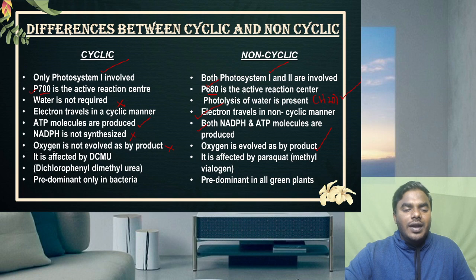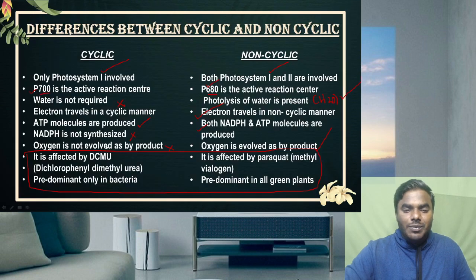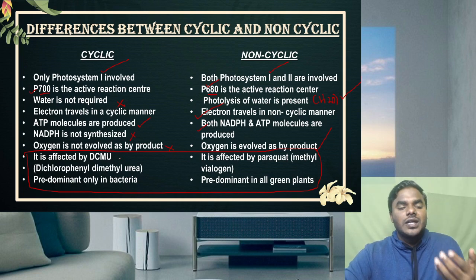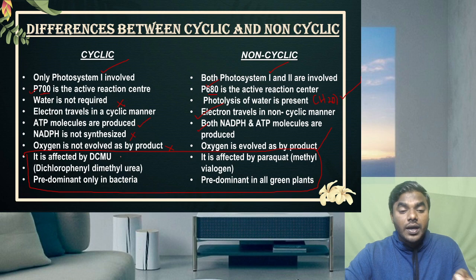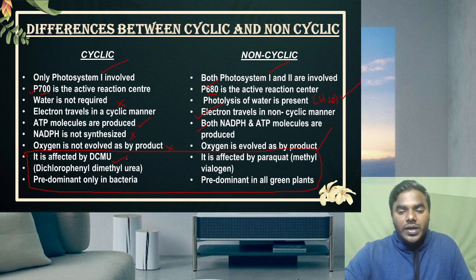Friends, I want every one of you without fail to please remember these inhibitors. In the upcoming slides, I'm going to explain that. Because in the exam most commonly they ask questions about inhibitors. Cyclic photophosphorylation is affected by DCMU, dichlorophenyl dimethylurea.